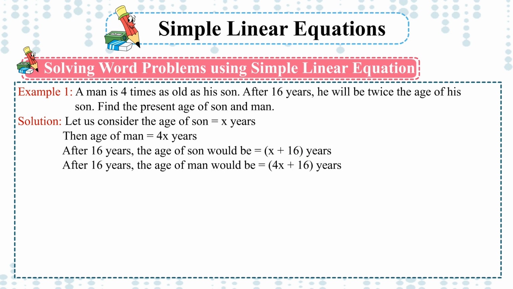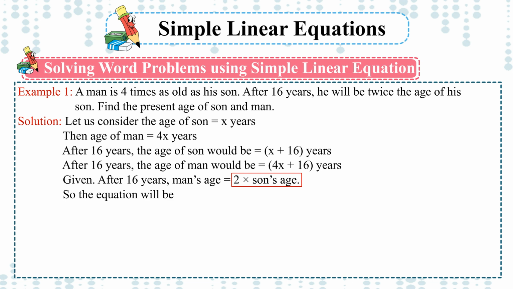After 16 years, the age of man would be 4x plus 16 years. Given, after 16 years, man's age is equal to 2 multiply son's age. So the equation will be 4x plus 16 is equal to 2 times x plus 16.